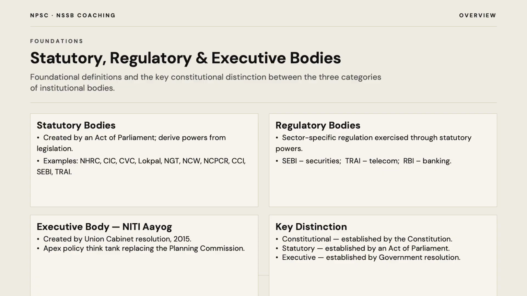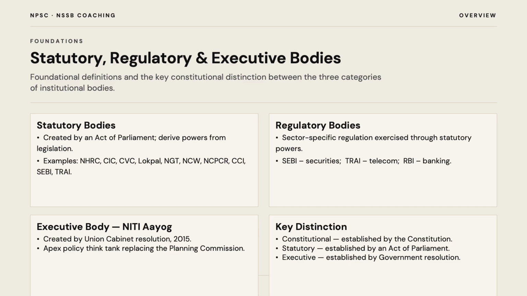The only important thing for you to know right now is that statutory bodies are not constitutional bodies. They are created by an act of parliament, and they can also be removed very easily by a simple majority. Since they were created by a simple majority, they can be removed by a simple majority. Very easy to create, very easy to remove. But if it's part of the constitution, you know, there's the special majority and so forth.